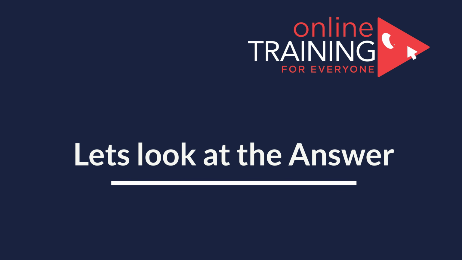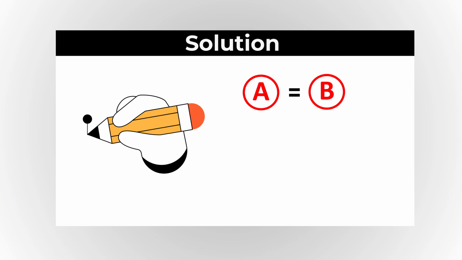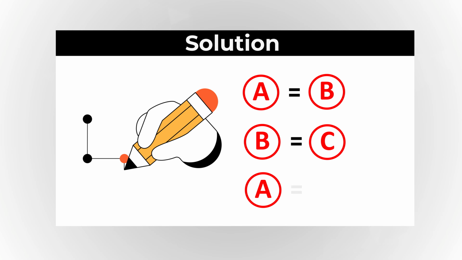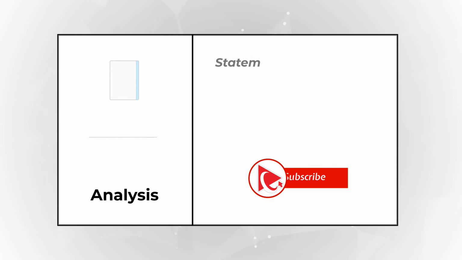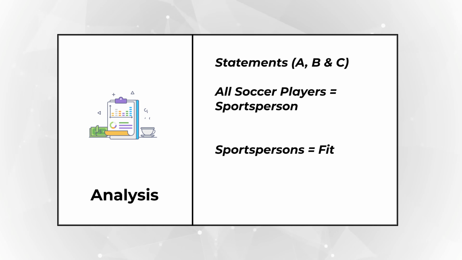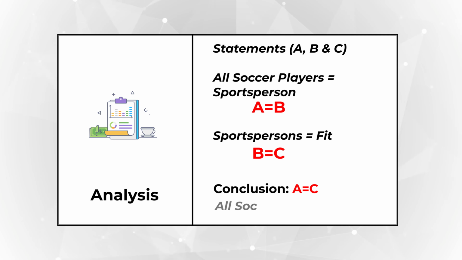As you might be well aware, in the logical world, there is a formula: if A equals B and B equals C, then you can reasonably conclude that A equals C as well. We can look at our original statements as A, B, and C. For example, the statement all soccer players are sports persons could be an equivalent of A equals B, and then all sports persons are fit could be B equals C. Based on these two statements, we can reasonably say that A equals C, which would mean that all soccer players are fit.